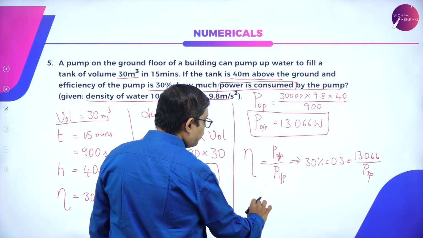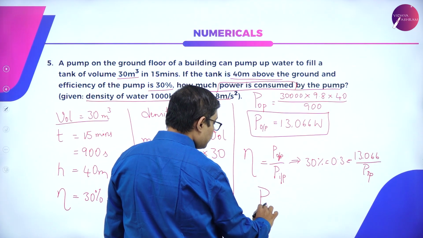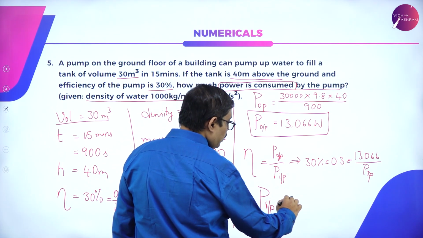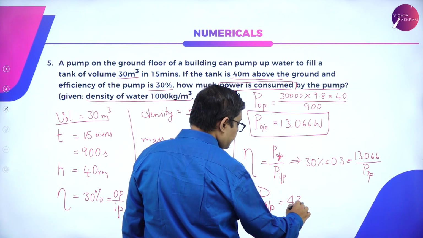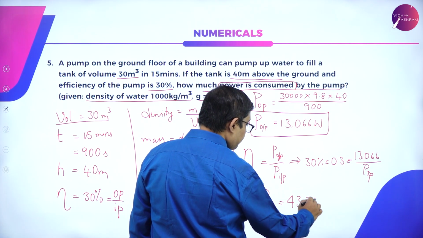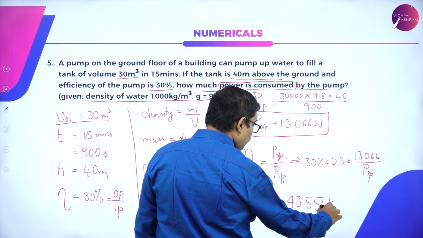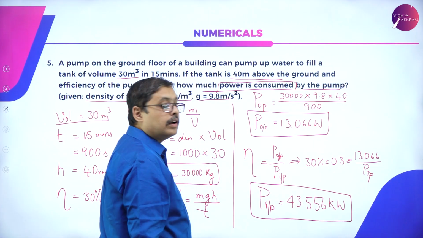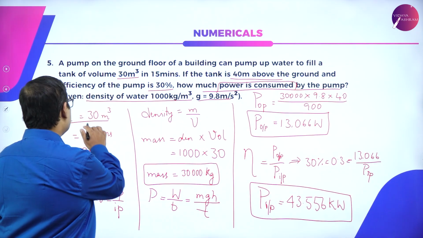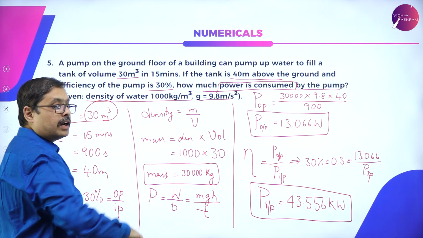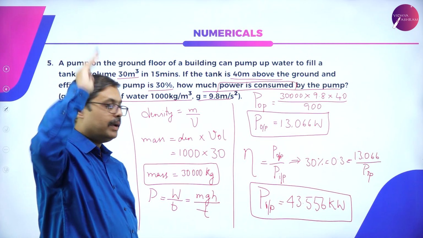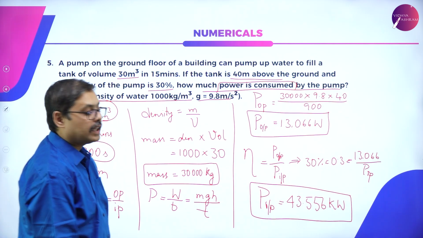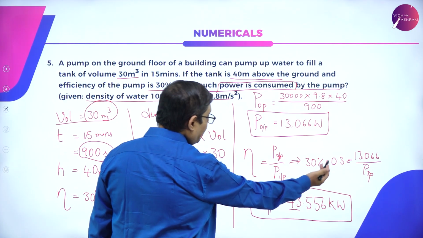Cross multiply and find out the power input. Use your simple calculator. The power input is 43.556 kilowatts. The power consumed by the pump to lift 30 meter cube of water to a height of 40 meter in a time interval of 900 seconds is 43 kilowatts.